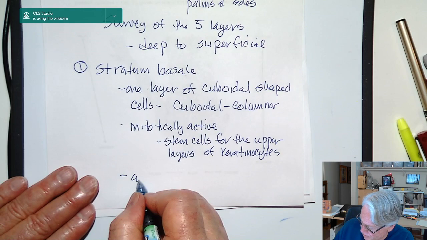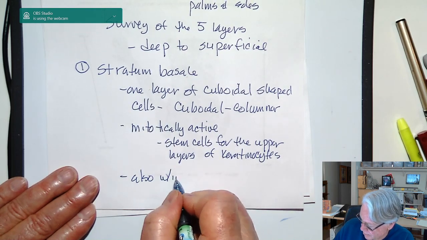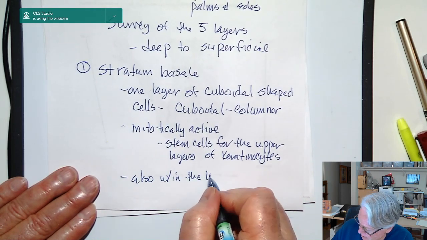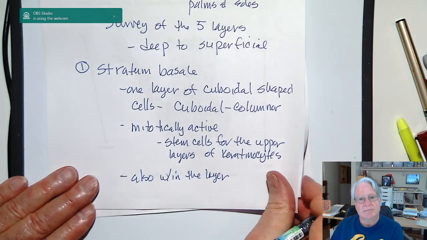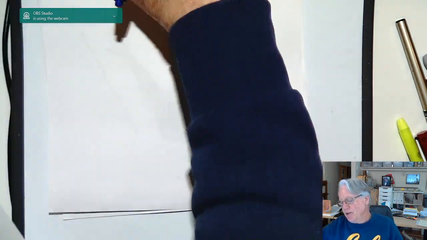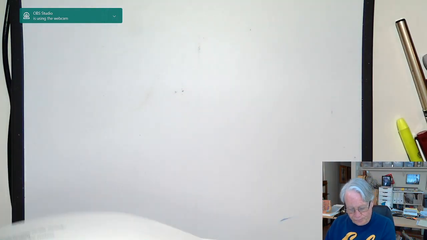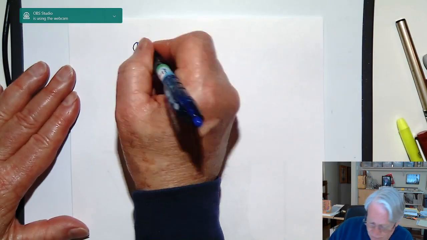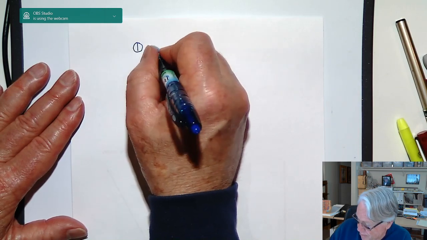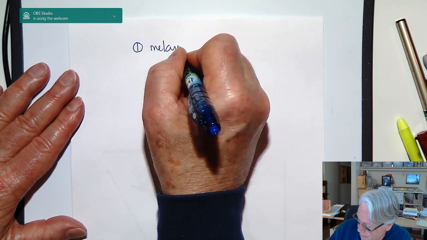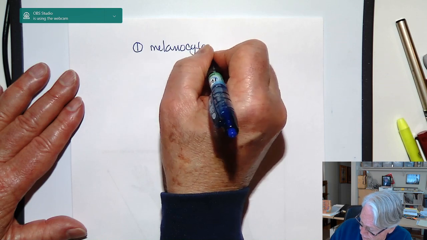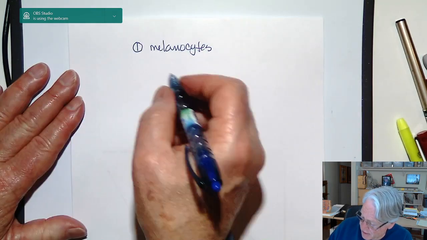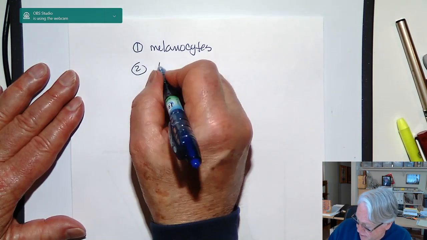Also within this layer, we are going to find a couple of other cells. Number one, we're going to find some melanocytes. And we're also going to find some tactile cells.